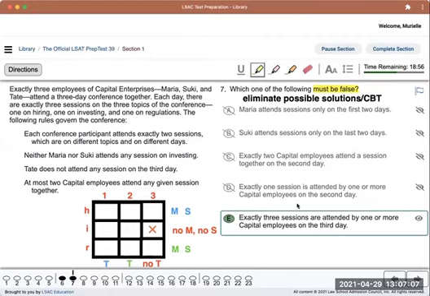So sometimes with these, you can save a little bit of time by, if you have a pretty good idea of what's going on in these scenarios, you can skip over the ones that seem possible. You don't actually have to test all of them the first read through, right? On that first read through, you're looking for something that's obviously not possible.